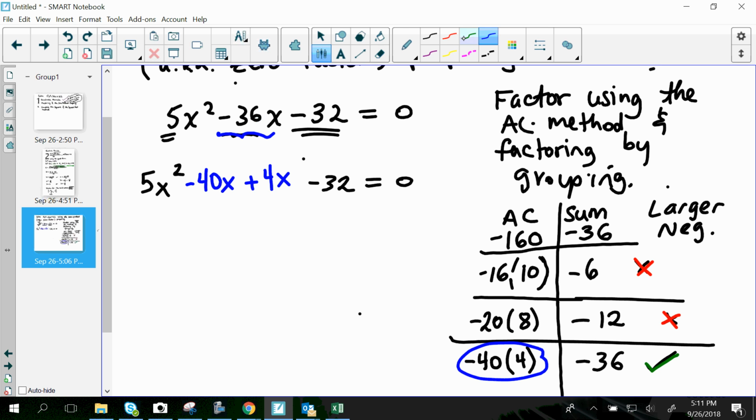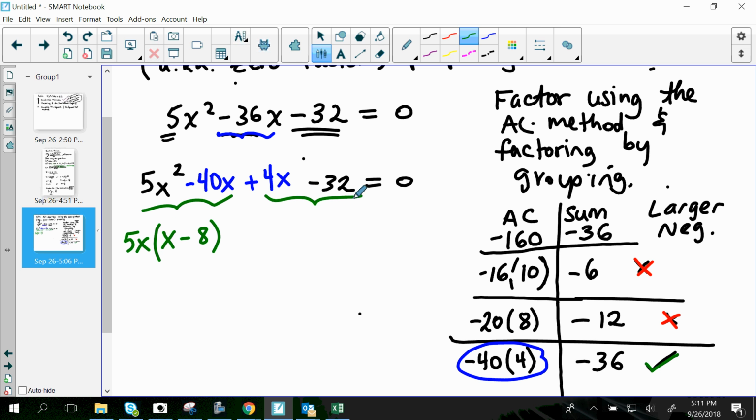And then I'm going to group these pairs and factor by grouping. So I'm going to take out the greatest common factor from each of these pairs. From my first pairing, the greatest common factor is 5x, which leaves x minus 8 inside parentheses.